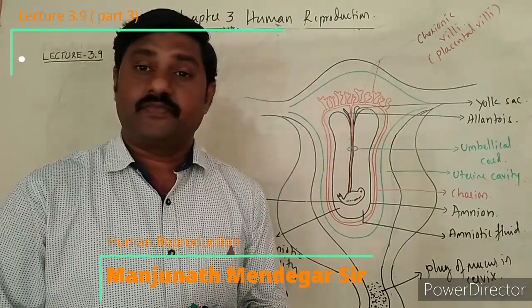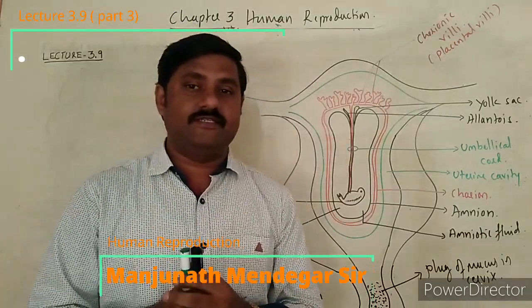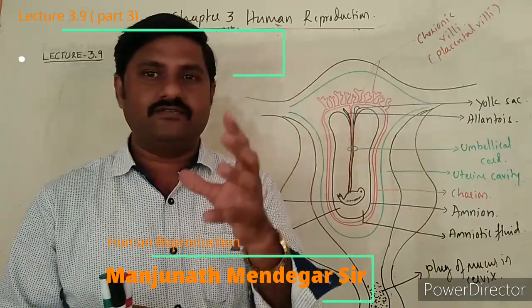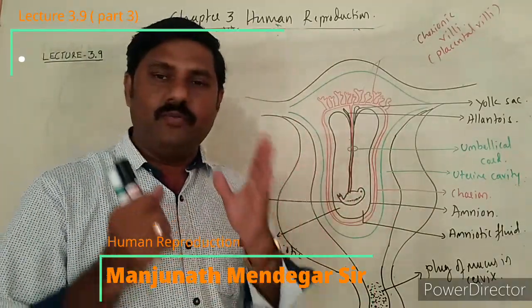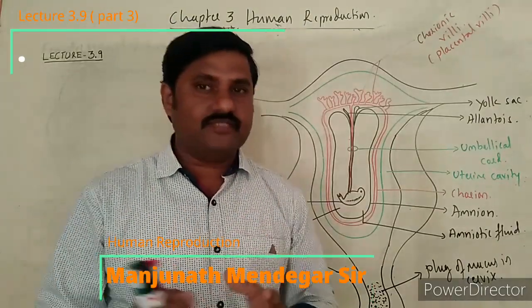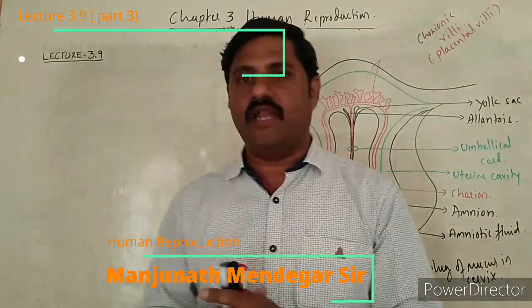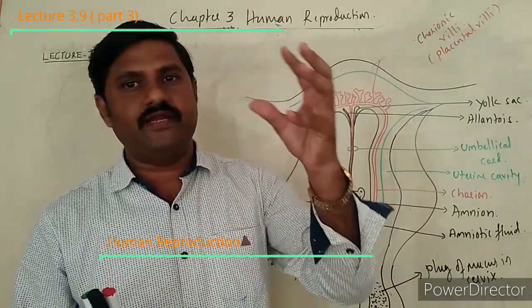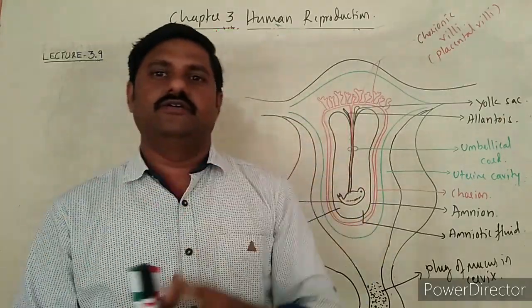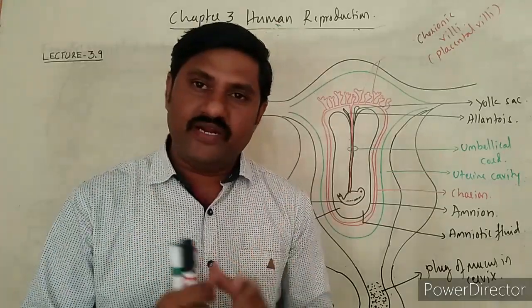Whenever the blastocyst is attached to the uterine wall, the endometrial wall, that process itself is called implantation, and after the attachment it is completely embedded into the endometrium.